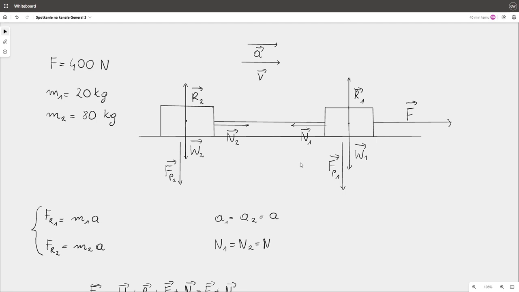External force tries to accelerate first body. This body is pulling second body by the string with force N2. According to Newton's third law of motion, second body exerts a force on first body, N1. Forces N1 and N2 are opposite to each other. They have the same magnitudes.